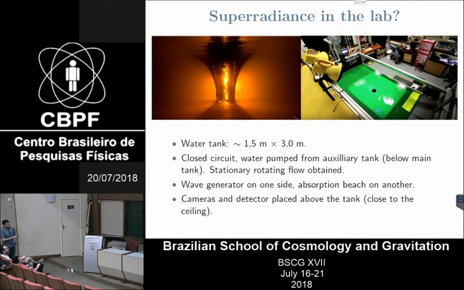Let's move on. Here are some more pictures of the setup. Here's a picture from the side where you can see the vortex. Here's an overall general picture of the setup. We have water flowing in this tank. There's a drain here. Water comes in from an inlet on this side, from the side.